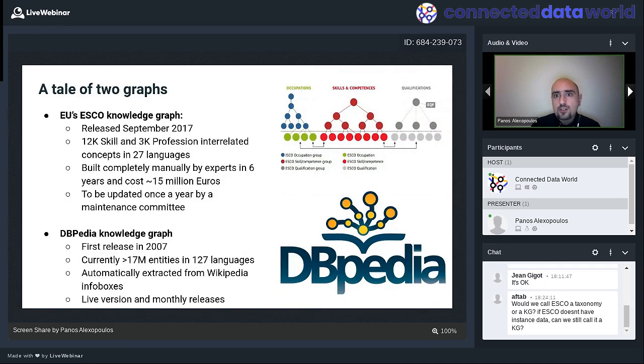I like to call it knowledge graph because it has concepts, or entities if you like, and it has relations, both taxonomical, hierarchical, and across occupations and skills. So in my mindset, it's a knowledge graph. But also, the distinction is not that critical for the purposes of what we do here.